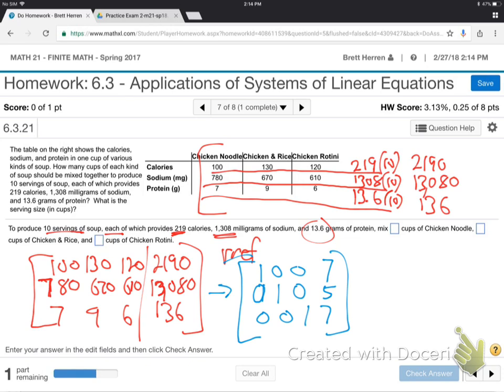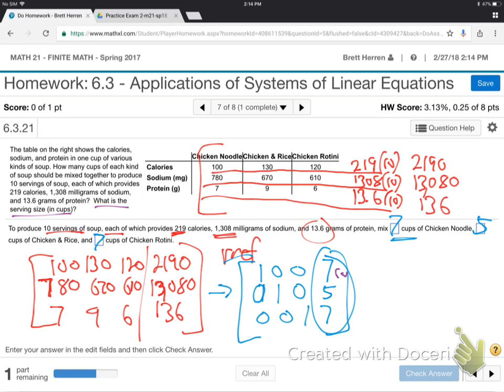Okay, now, here's the trick right at the end. They want you to say, okay, how many cups? So that's 7 cups of chicken noodle, 5 cups of chicken and rice, 7 cups of chicken rotini. That's the answer to the question, 757. But there's one part remaining. Their final question to us is, what is the serving size in cups? Well, how do we figure that out?